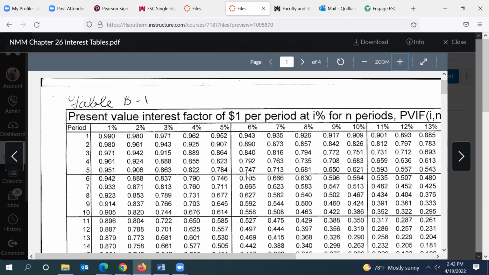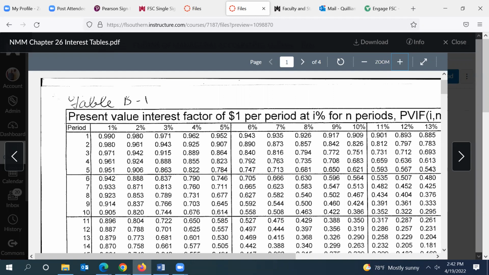Again, that 74.7 cents is the present value or discount value. It's less than the future value of $1. So if we want $1 in the future, we'll invest 74.7 cents.